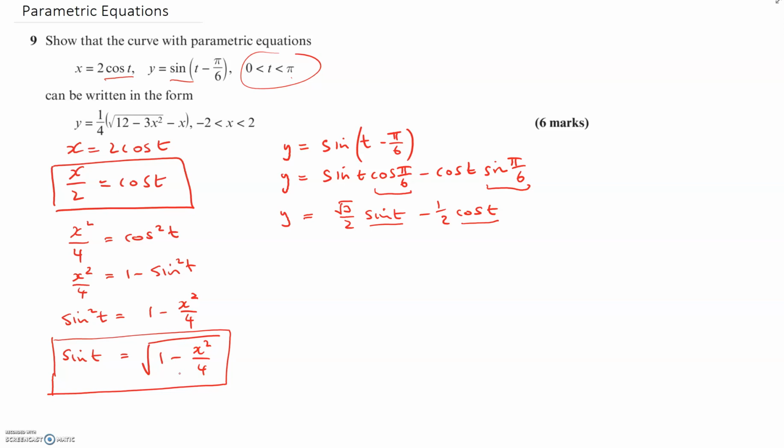I'm going to speed towards the end because there's not much more to consider. So I'm going to get root 3 over 2 times this, minus a half times this. And all I need to do now is simplify it so it looks like what they've got there. So I'm just going to quickly work through the rest of it so you can see what that looks like.